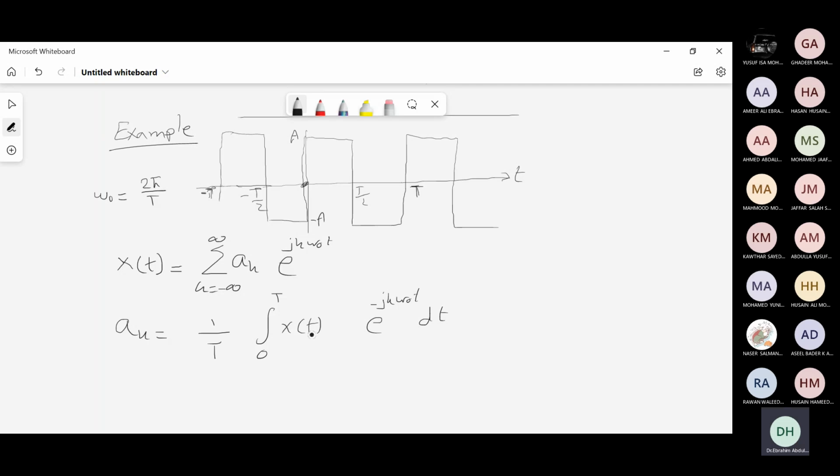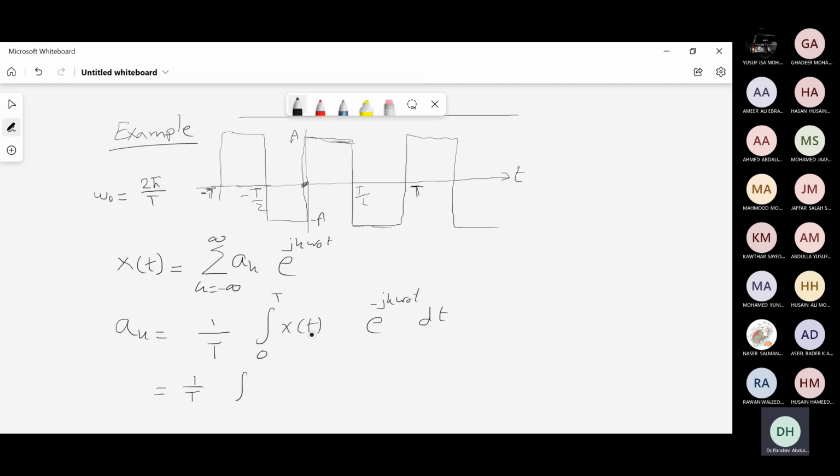So I can write it as 1 over T integration, and I'm going to take it from minus T over 2 to T over 2. Whether you take from minus T over 2 to T over 2 or from 0 to T, we have one part multiplied by a positive, and in the second part we have a negative. So we have to split this into 2.